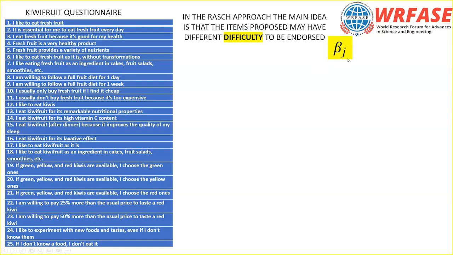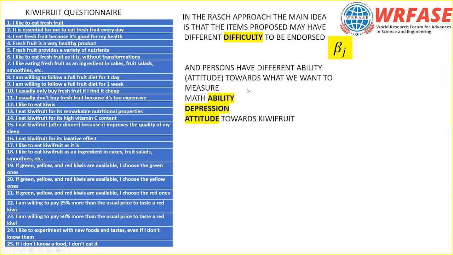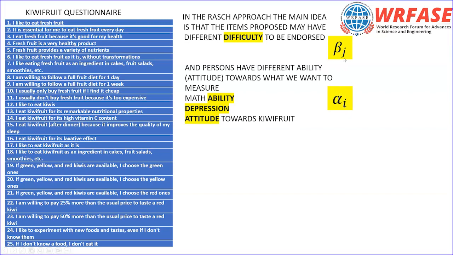This difficulty is called beta J, and persons have different ability or attitude towards what we want to measure, like math ability, depression, or attitude towards kiwi fruit, and will be denoted with alpha I. So beta is the difficulty to endorse the item.